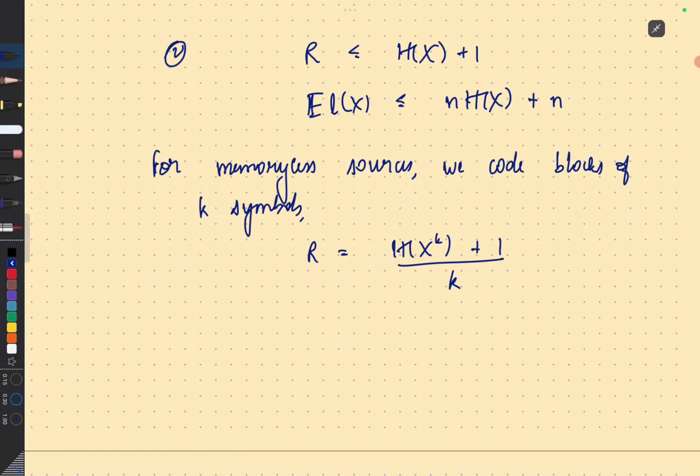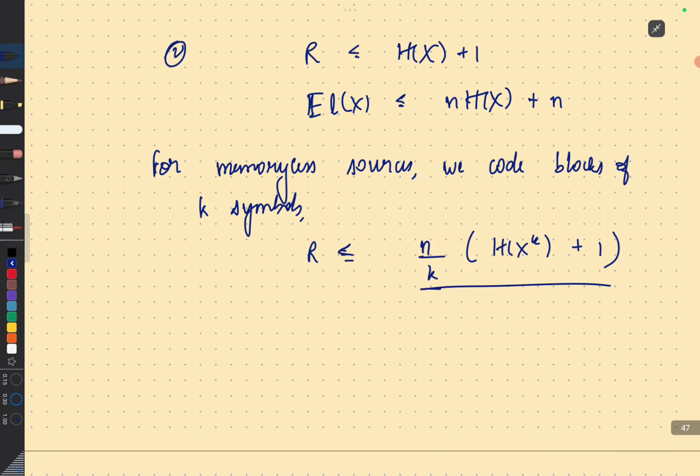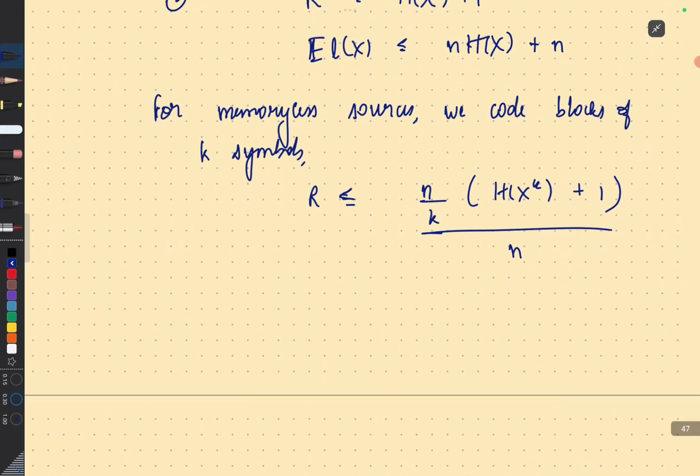Because the overall rate is going to be, I have n by k blocks, and each block is encoded using at most h of xk plus 1 bits, divided by n, which is h of xk by k plus 1 by k.